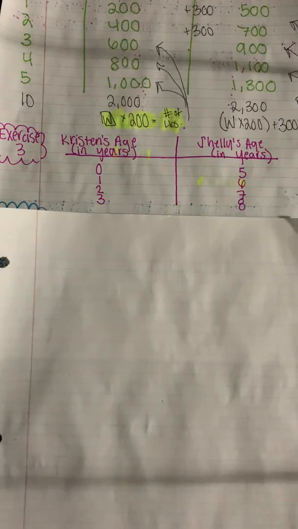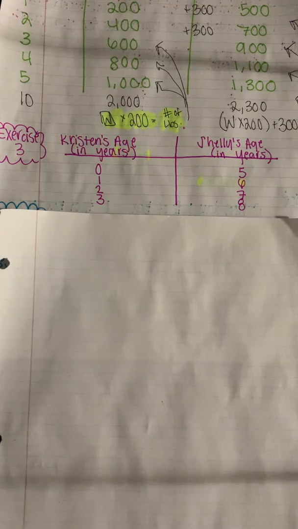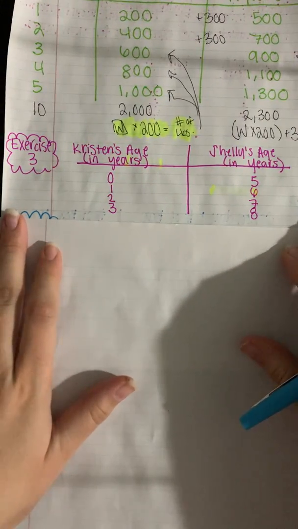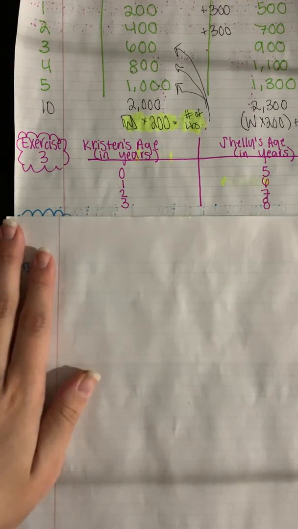If Kristen is 16 years old, how old is Shelly? If Kristen is K years old, how old is Shelly? And if Shelly is S years old, how old is Kristen? So I'm actually going to write these out for you and then see if you and your team can problem solve. I'll put the answers in this presentation so that you can figure out with your team if you were correct or not.